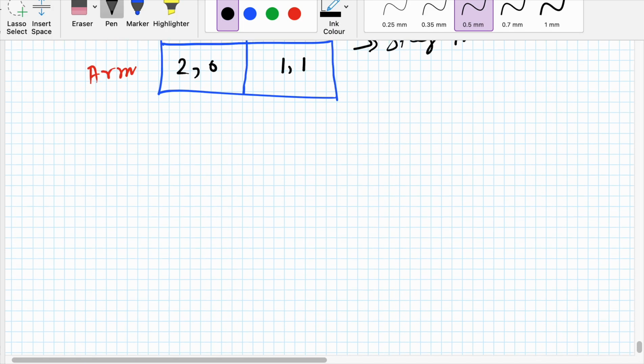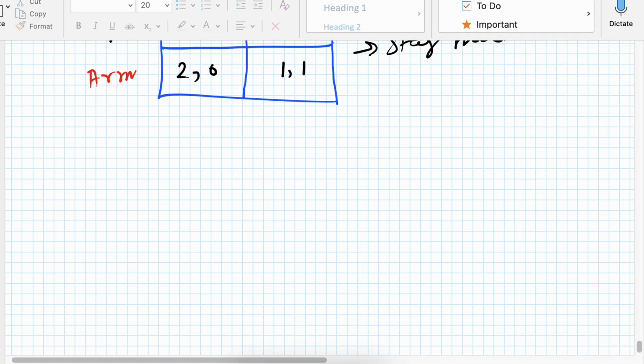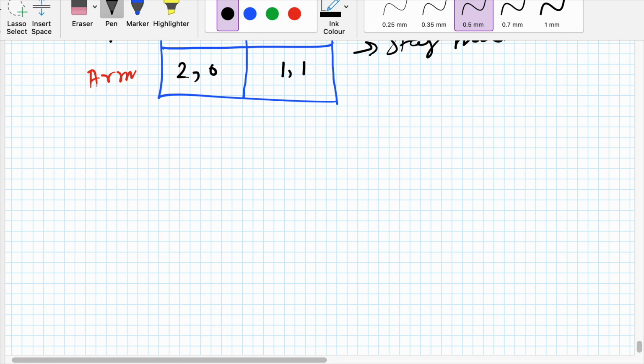Now let me introduce in this class another game, which is called the hawk dove game. Wait for a minute. Let me introduce the hawk dove game.